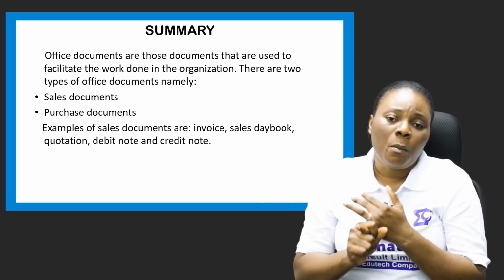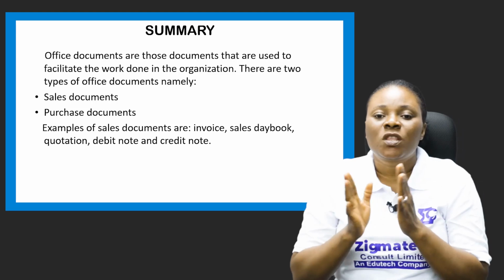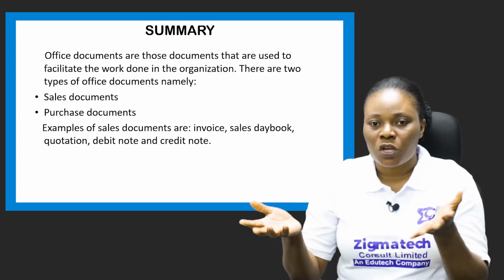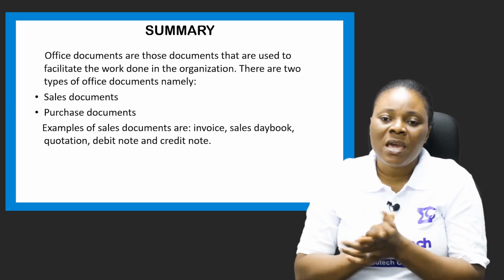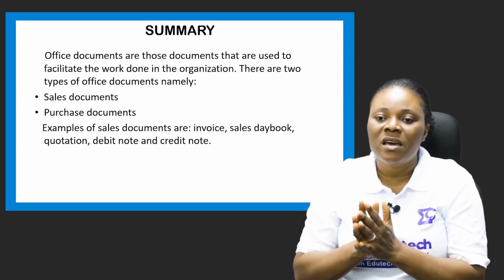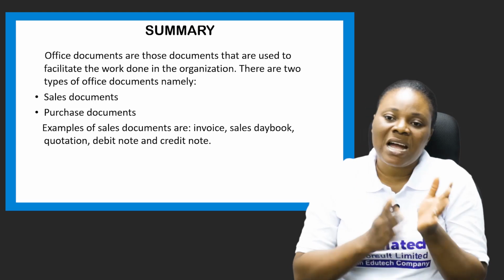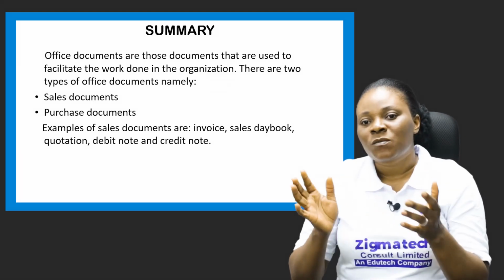There are two types of office documents we mentioned. Number one, the sales document. Number two, the purchase document. We defined sales documents as the documents used in keeping record of all sales transactions, be it cash transactions or credit transactions.